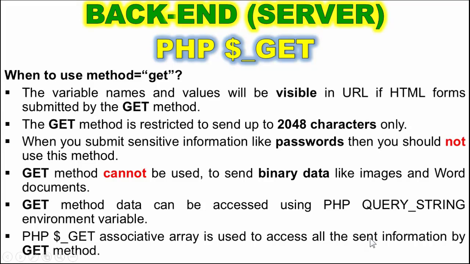Get method cannot be used to send binary data like images and Word documents. Get method data can be accessed using the PHP QUERY_STRING environment variable. PHP $_GET associative array is used to access all the sent information by get method.